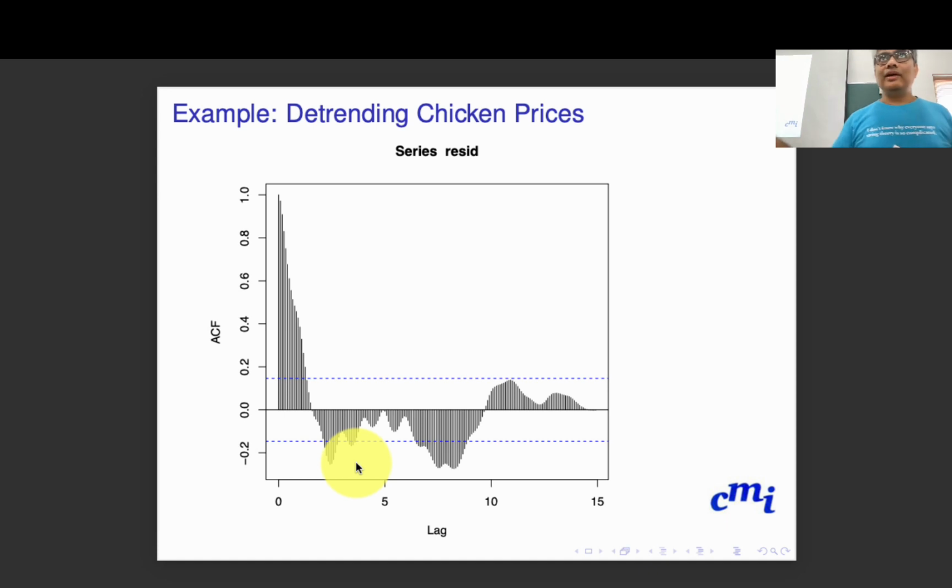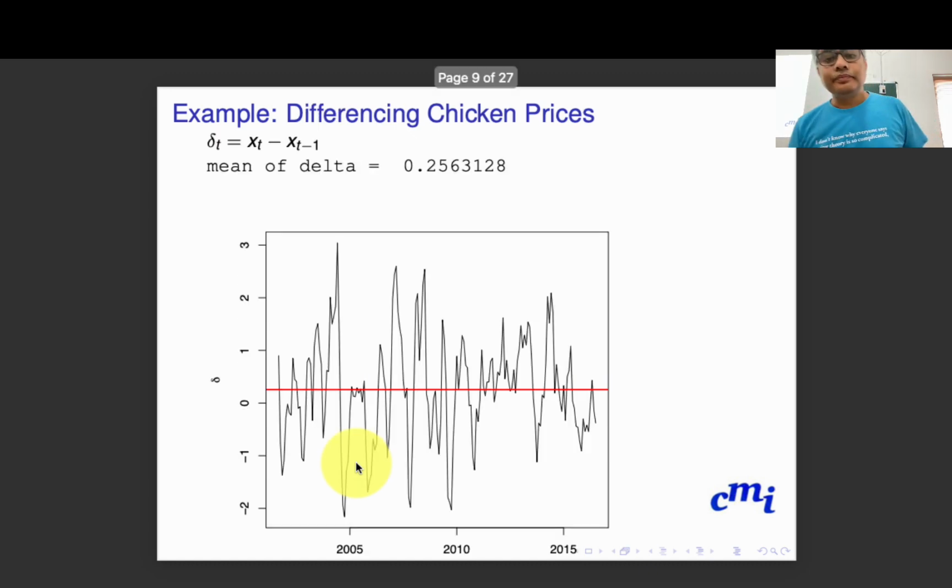You cannot just take yt minus 6 and put it as a predictor in the model. They are non-stationary processes, so your estimation may become non-stationary, and everything will be completely out of the window. So you have to be very careful about that. You can keep trying that.